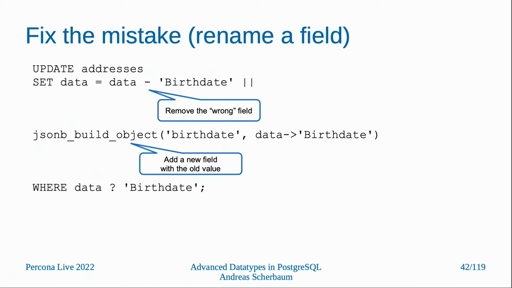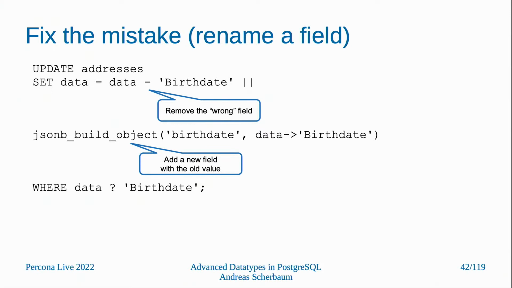What we can do, we can use JSON operators we have. So we want to update this table, update the data, replace or remove the uppercase field, build a new object with the content of the uppercase field, but rename it lowercase, where the data is actually uppercase birth date.